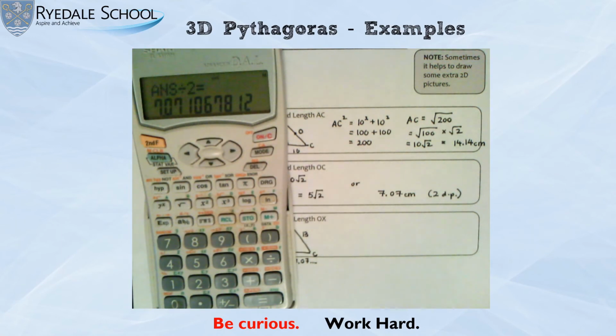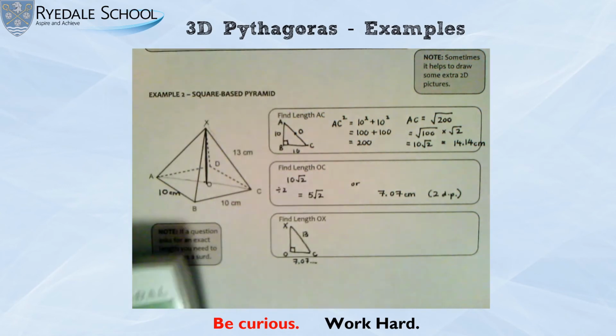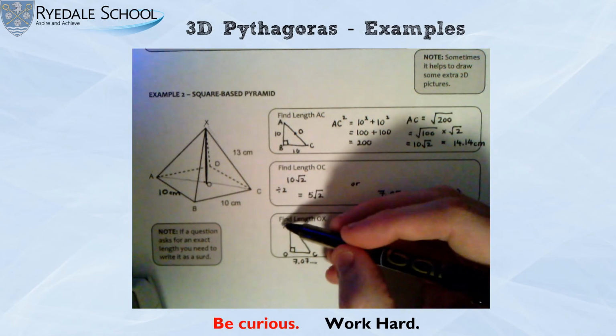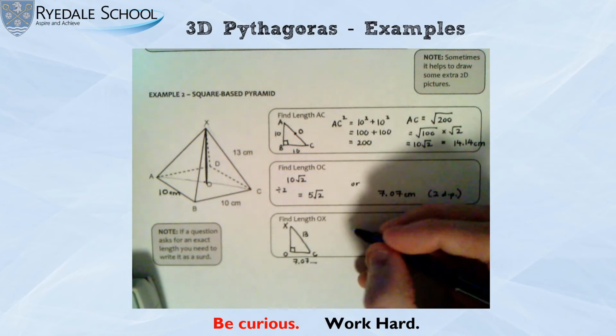And always where possible, try not to round too early if you want to maintain accuracy in your final answers. The exam boards are pretty generous when it comes to exam questions about whether you've rounded a little bit early, but I always like to be as accurate as I can. So let's see if we can work out the length of OX.